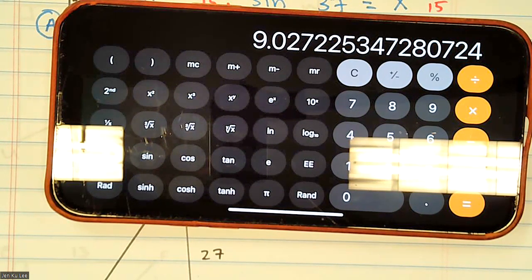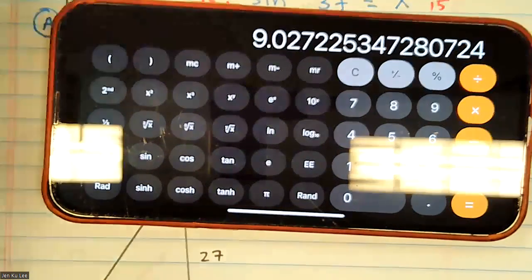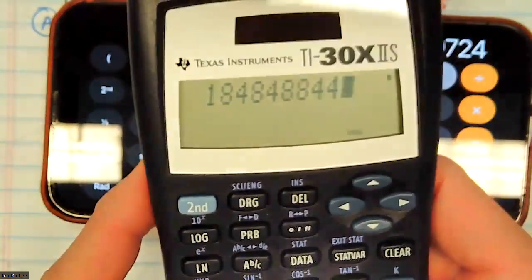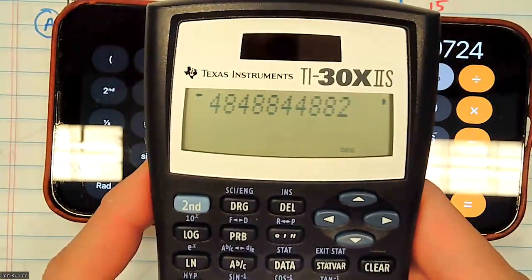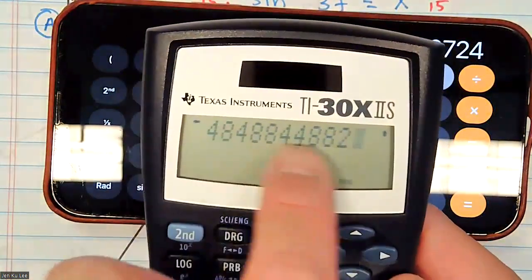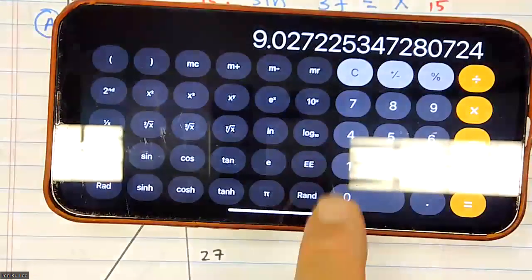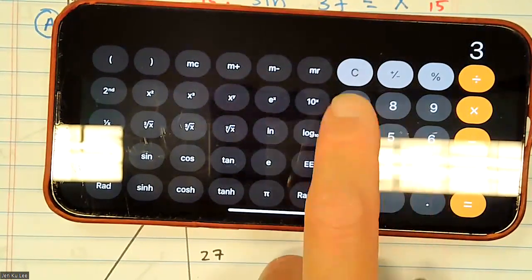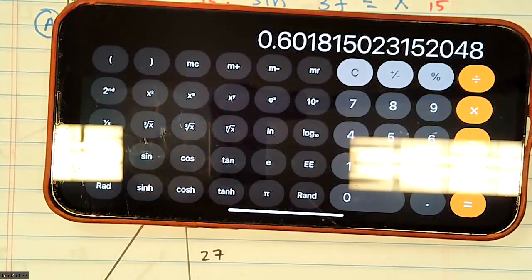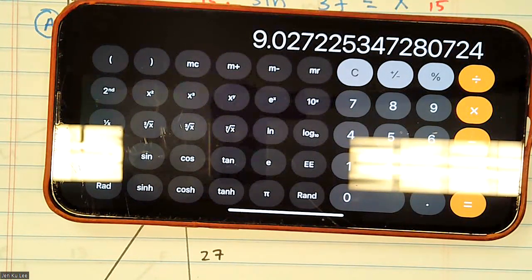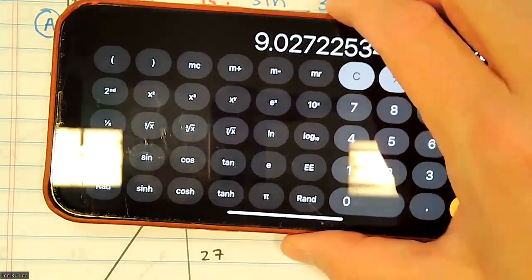Because on the iPhone, or even if you have a calculator that does not have a screen that you're typing on, you got to type what we just typed out. So I'll do that again: 37 sine times 15. You're going to go in that order.